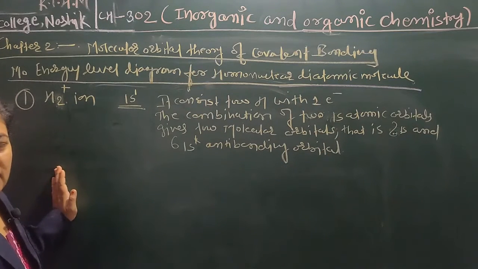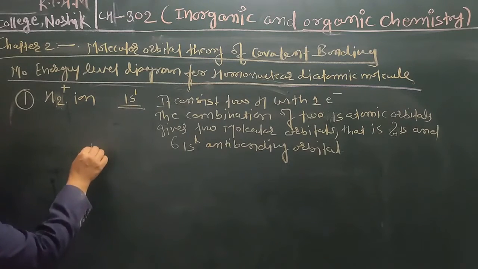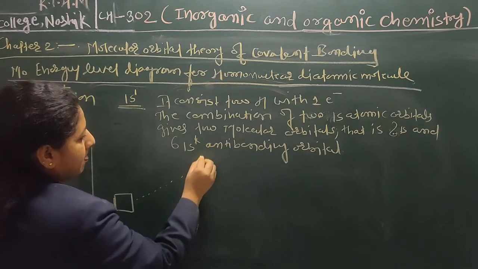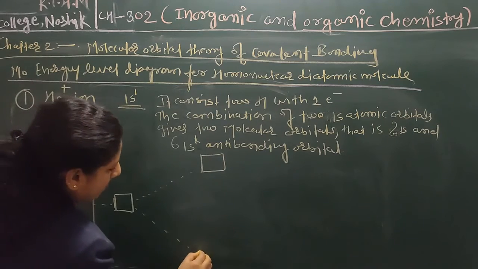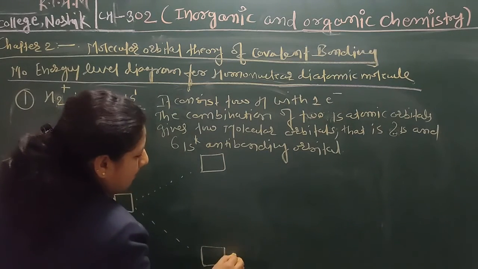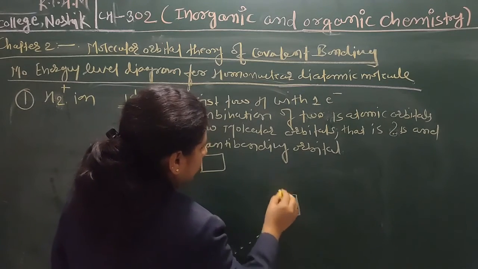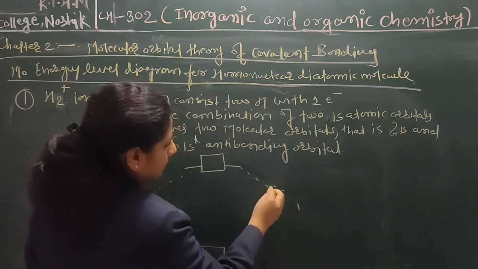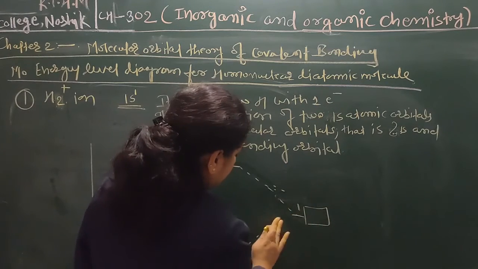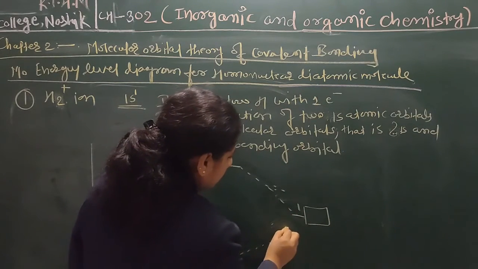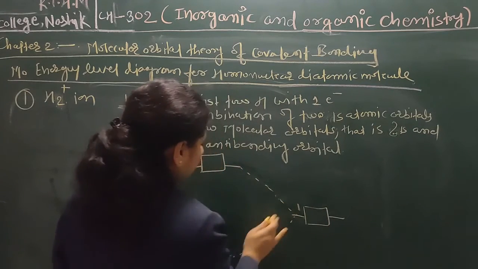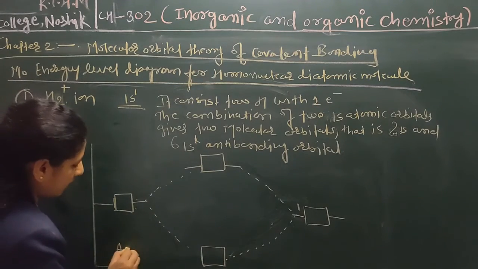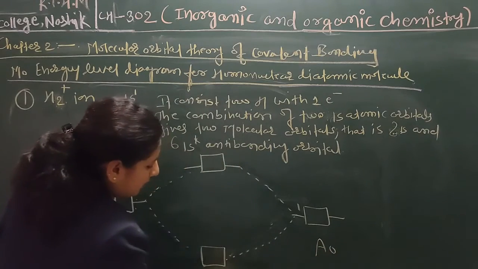Let's draw the energy level diagram for this H2 plus ion. This is an atomic orbital, this is also an atomic orbital, and this is a molecular orbital.